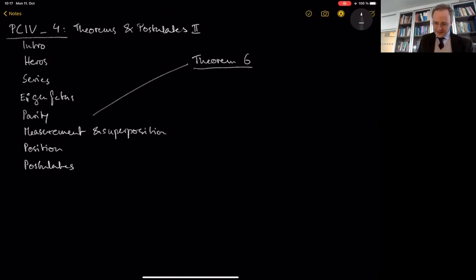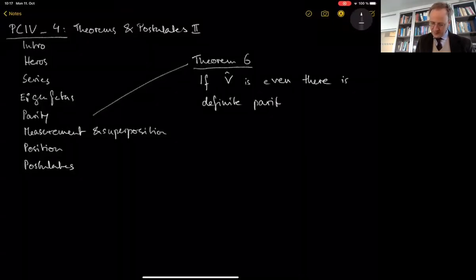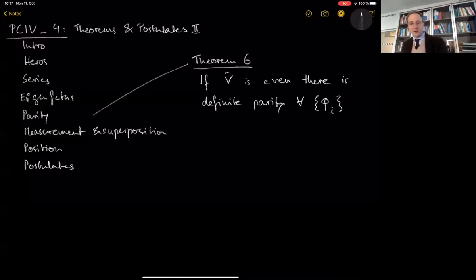So if V, the potential, is even, there is definite parity for all the solutions of Schrödinger's equation.